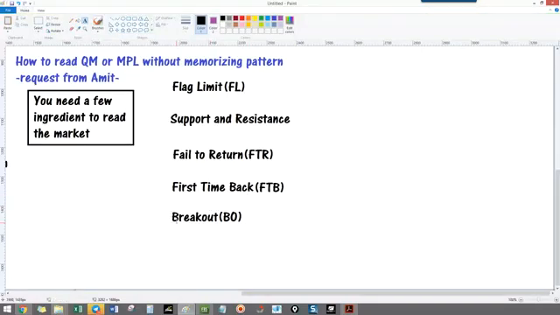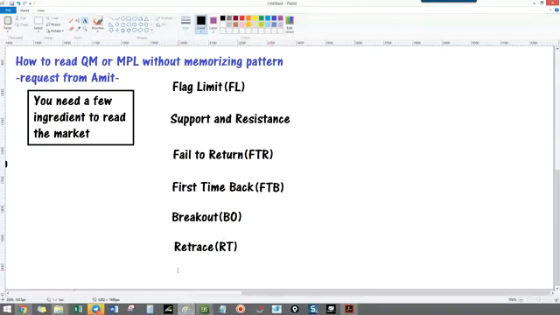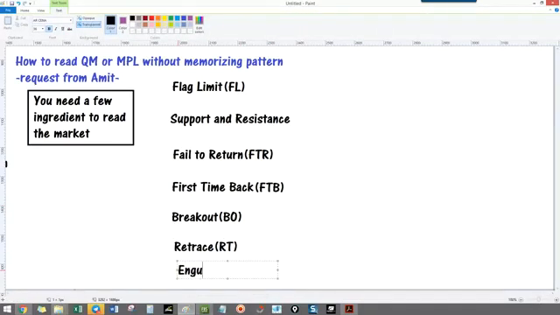Okay, breakout, and then you need a retrace, RT, and the last one is engulf, EN.